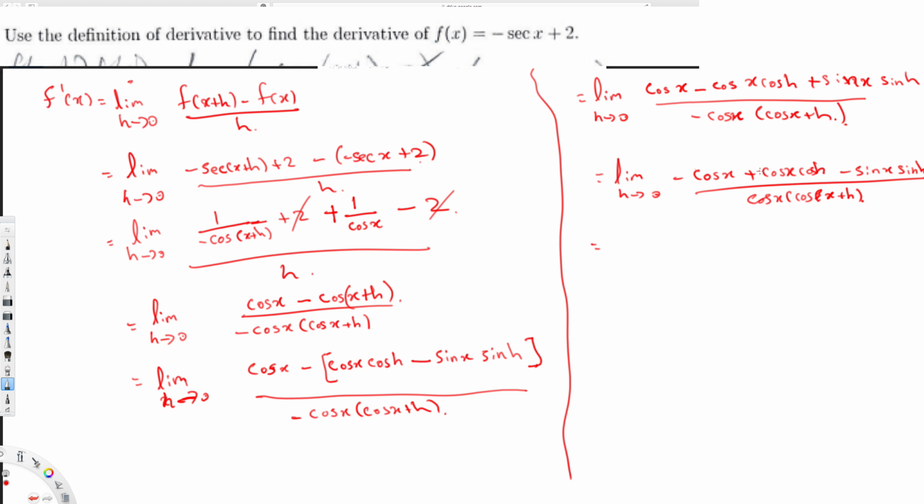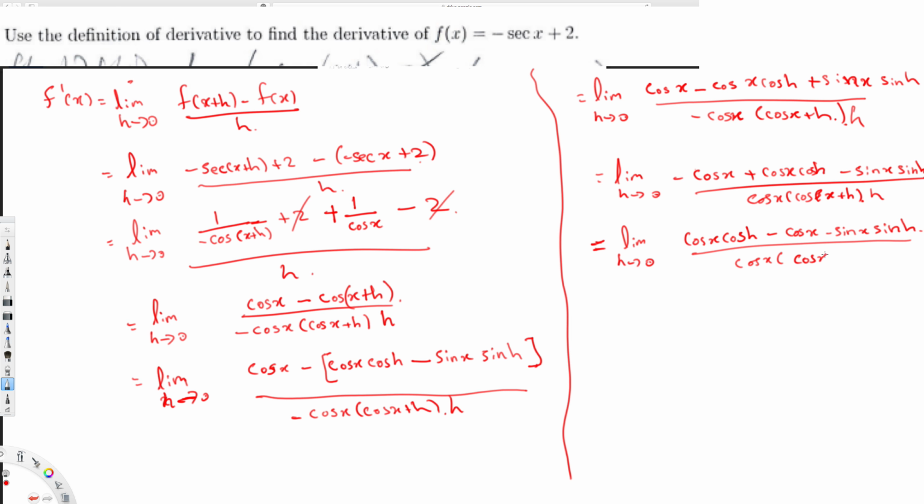Now I have to rearrange this a little bit. I'll show you why I did that. So limit h approaches 0 of cos x cos h minus cos x minus sin x sin h, over cos x cos of x plus h, and we have to carry this h too, so the h is going to be in the bottom all the way right here.